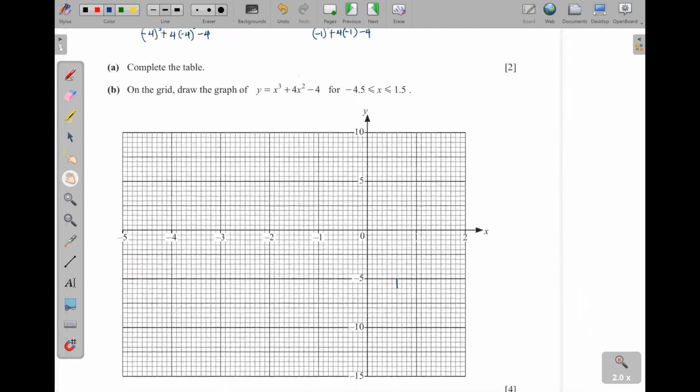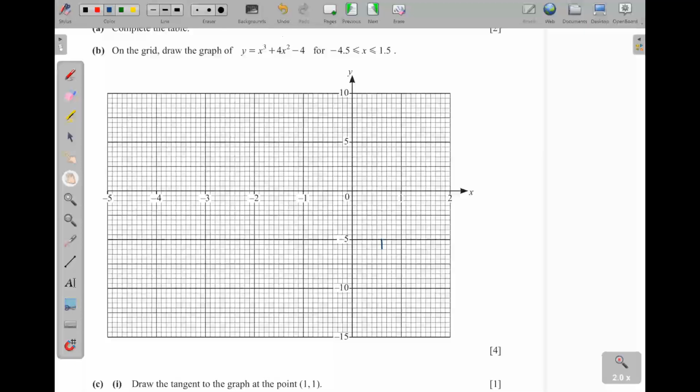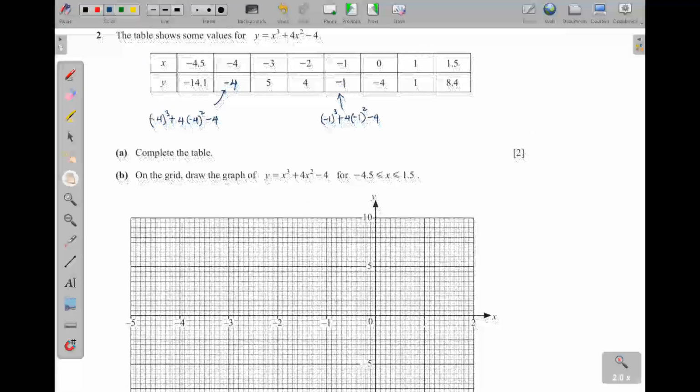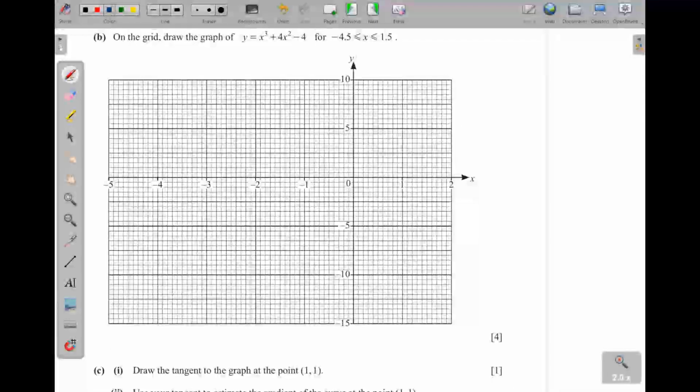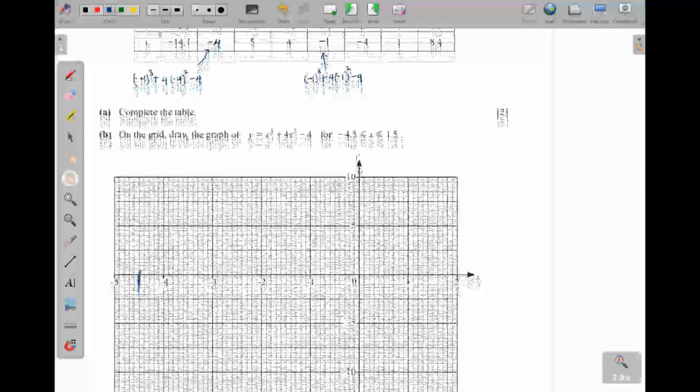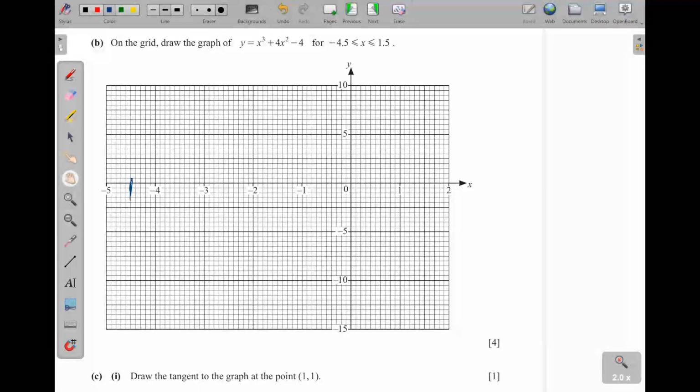Now the next thing on the grid, draw the graph of y is equal to x cubed plus 4x squared minus 4, for x ranging from negative 4.5 to 1.5. Now, here we are supposed to be plotting, so you plot the x against the y. Negative 4.5 on the x is here. We count 1, 2, 3, 4, 5, so it is along this line here. And then the y coordinate is negative 14.1.